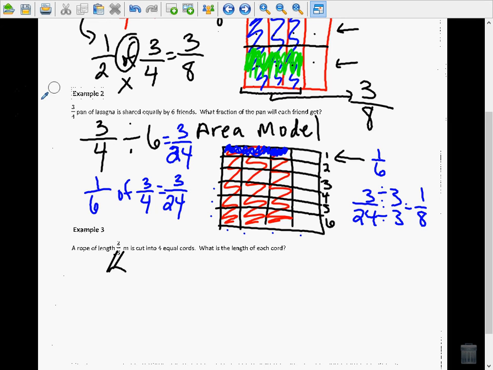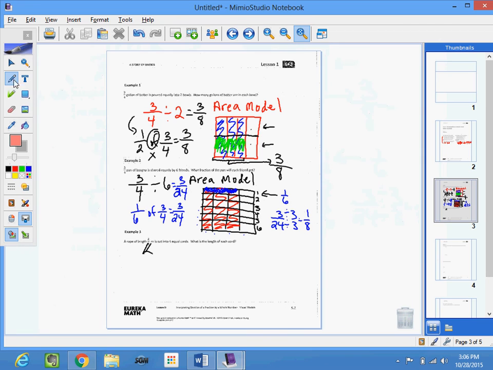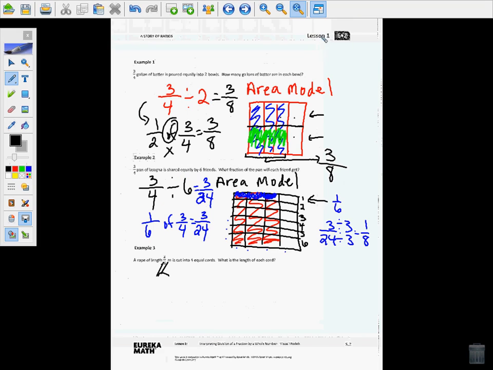I lost my toolbar. There we go. So it is 2/5 divided by 4.